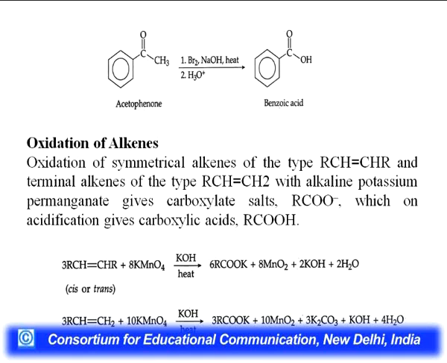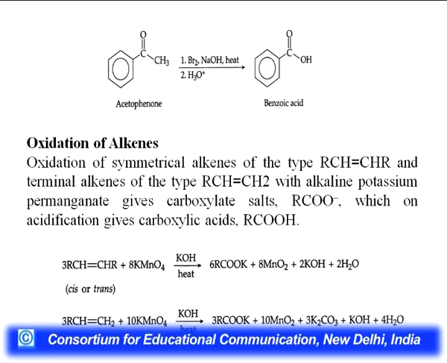Next reaction in this series is oxidation of alkenes. How can we prepare carboxylic acid from alkene? Oxidation of symmetrical alkenes. Symmetrical means when the groups attached to the double bond are symmetrical, like here you can see RCH=CHR, where there is a plane of symmetry, and terminal alkenes of the type RCH=CH2 with alkaline potassium permanganate give carboxylate salts, which on acidification give carboxylic acids.